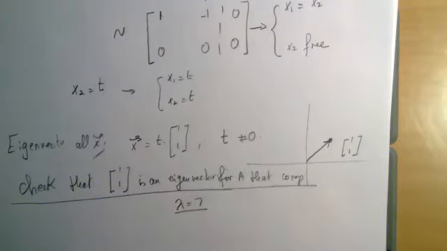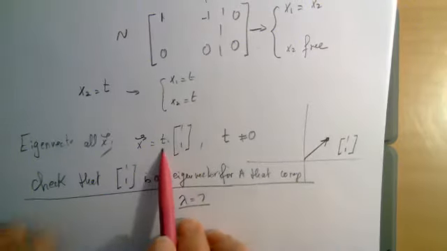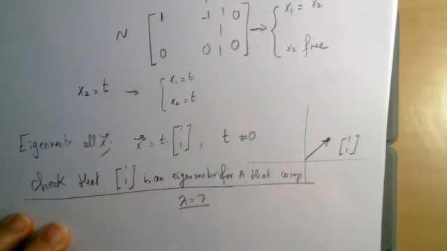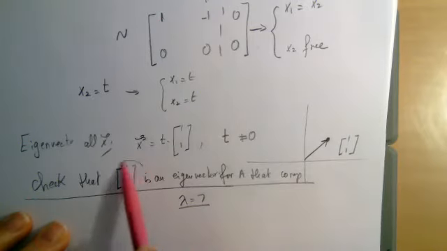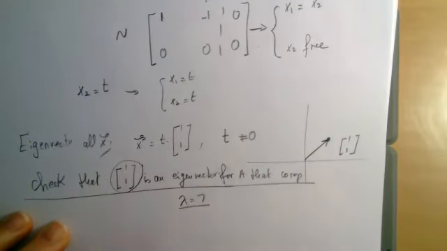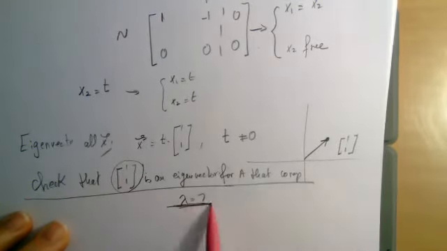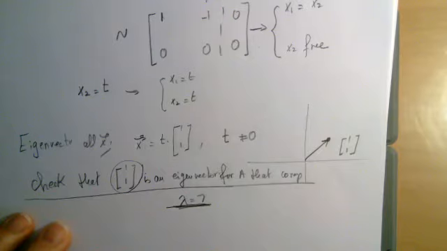I set T equal to 1, so you cannot change my T. That's fine. Please give ideas. How can I convince you that this is actually an eigenvector where the eigenvalue is 7?